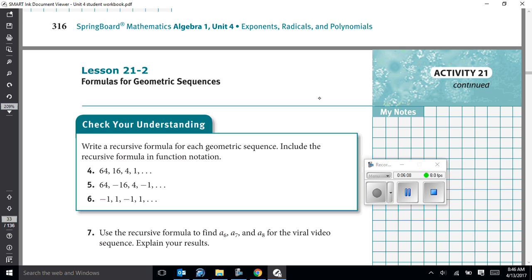Each time we're writing that out by individual terms. So instead of writing an explicit formula where you can put in any number for n, here you need to know the previous number, right?